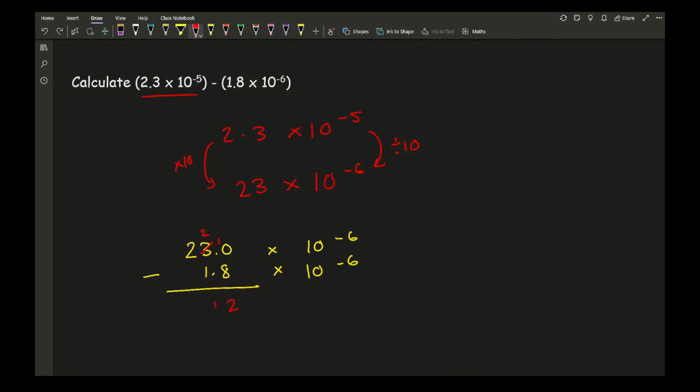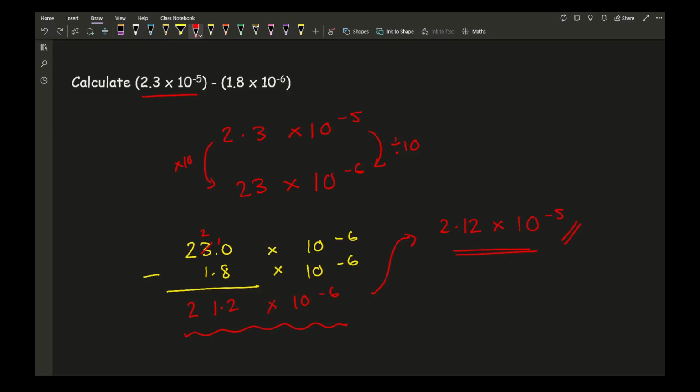So that becomes 21.2 with a decimal point there, times 10 to the power of minus 6. Now from that, I need to convert this into standard form, which gives me 2.12. If I make this number smaller, I need to make the power bigger, which gives me 10 to the power of minus 5, and there is your final answer.